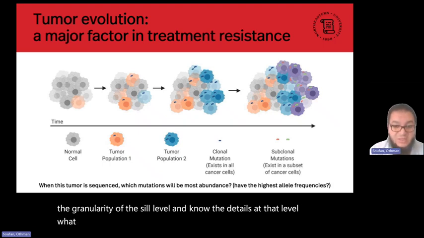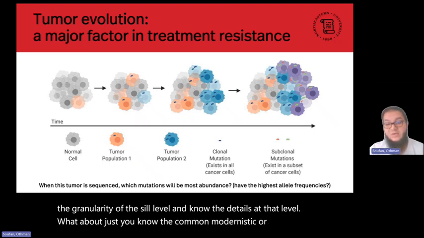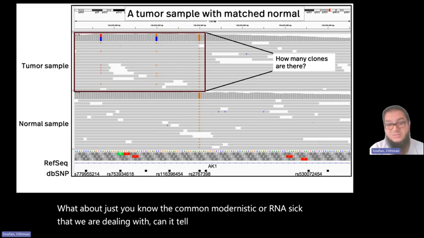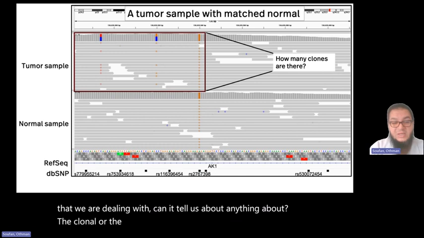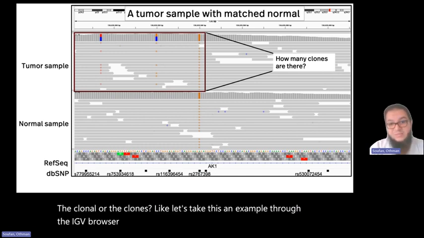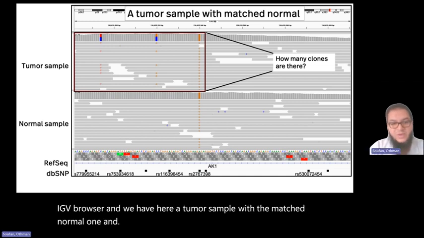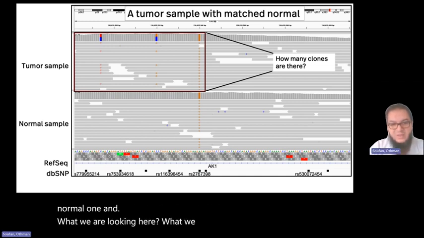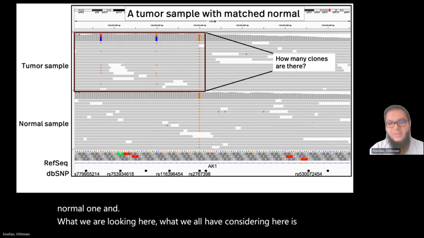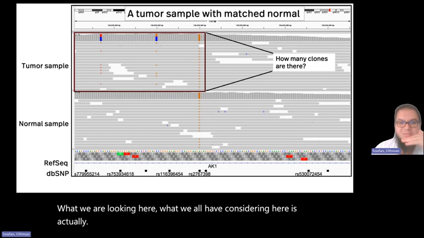What about just the common mRNA-seq or RNA-seq that we are dealing with? Can it tell us anything about the clonal or the clones? Let's take this as an example through the IGV browser, where we have a tumor sample with a matched normal one, and what we are considering here is that we're seeing some variants.